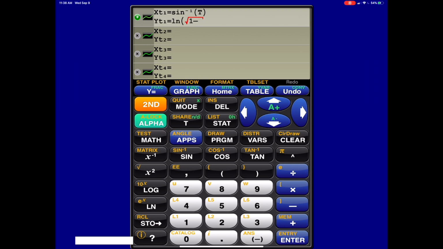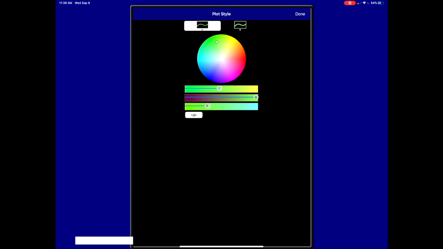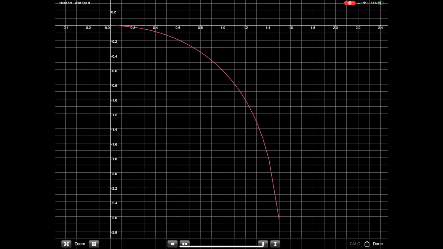And I got to make sure I kept that negative in there, although the negative won't matter, because it'll square away, but I'll make sure I have it. I'm going to change the color of the graph so it shows up better. And let's check it out.